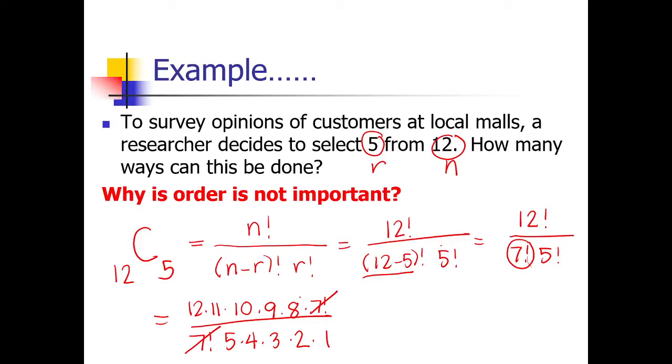Now what is 5 times 2? 10, so they cancel. What is 4 times 3? 12, so they cancel. So I am left with 11 times 8 times 9. How much is that?